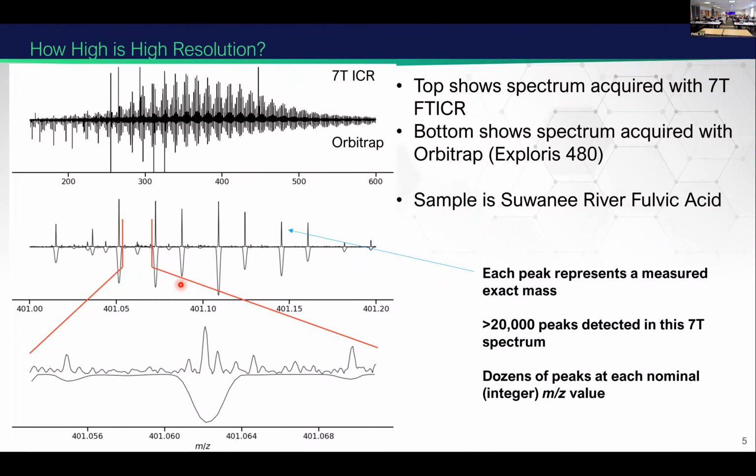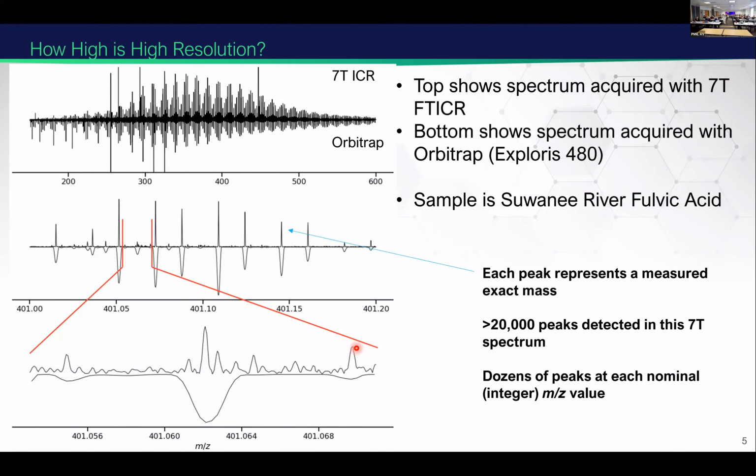And you can see just really superficially and simply that on the bottom with our orbitrap spectrum, we are getting a high resolution spectrum, but in this top panel, we're getting much higher resolution using our 7 Tesla ICR instrument. And what's really important to highlight is that every one of these peaks is a different species. It's a different molecule with a different molecular formula. And so we're able to routinely detect tens of thousands of distinct species in our organic matter samples across this wide range of masses.